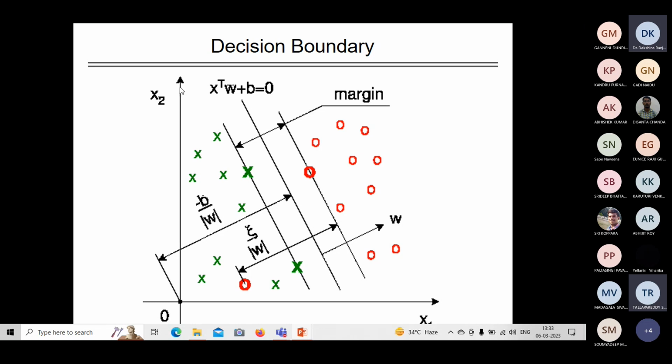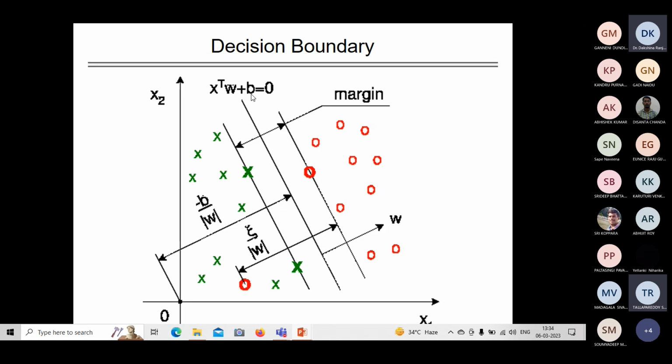Here w is the weight vector, and this weight vector is normal to the hyperplane. If the equation of the hyperplane is w x plus b equals 0, then w is the weight vector, which is normal to this hyperplane, and b is the bias.